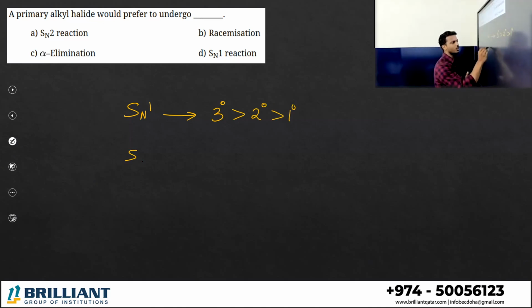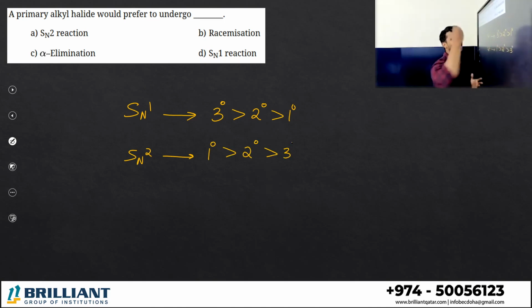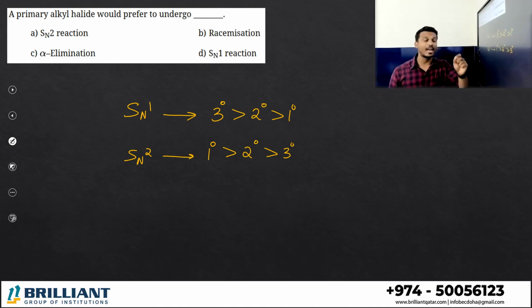What about the SN2 mechanism? Primary greater than secondary greater than tertiary. You know the reason. Why is tertiary greater in SN1? The SN1 mechanism happens through two steps. In the first step, carbocation is formed. The stability of carbocation is tertiary greater than secondary greater than primary.